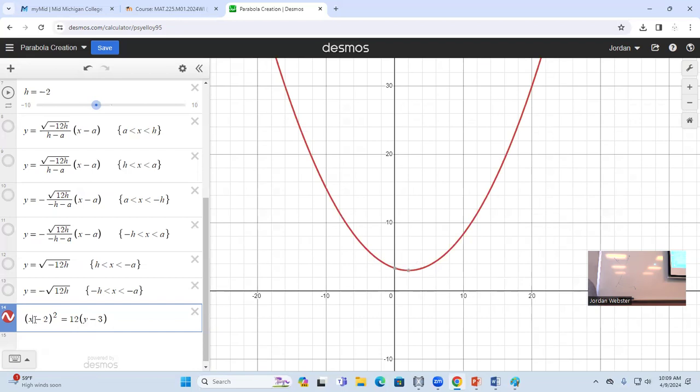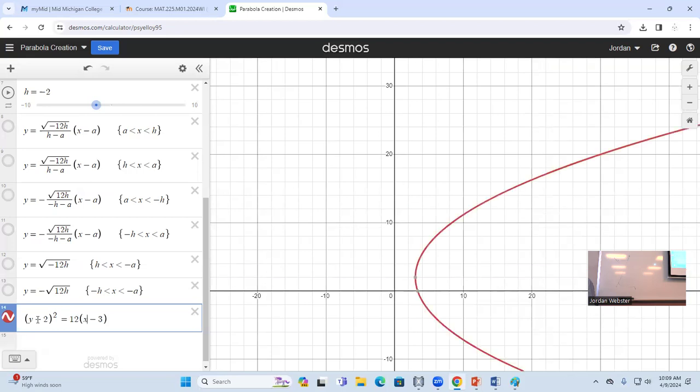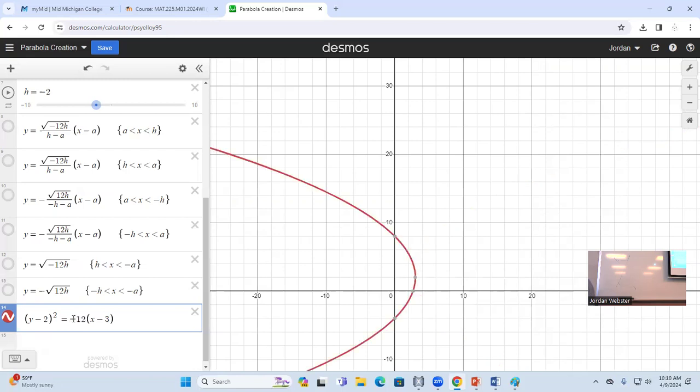Now, if we switch the x to a y and switch the y to an x, all of a sudden the parabola is pointing to the right when this number is positive. And when this number is negative, the parabola is pointing to the left.